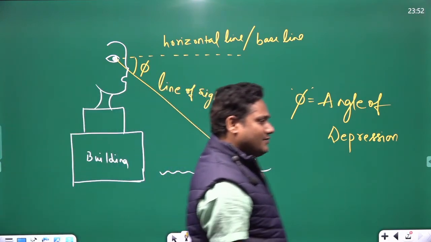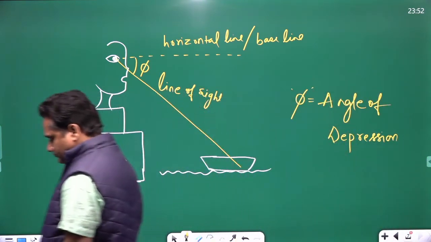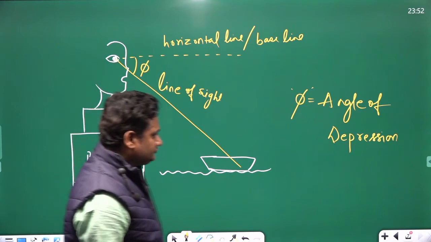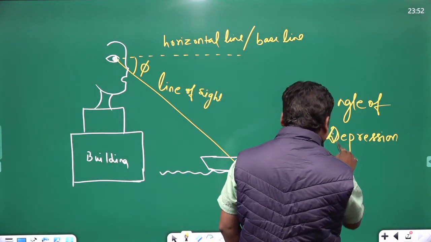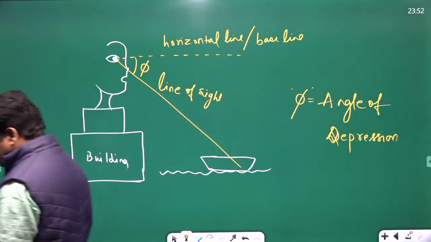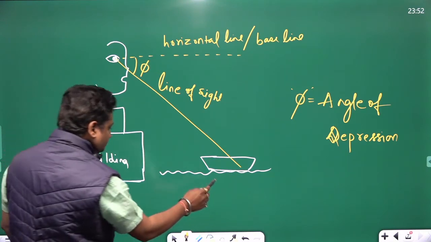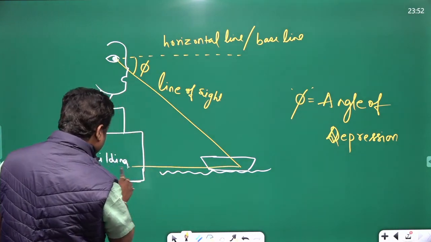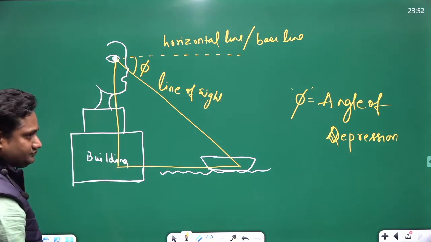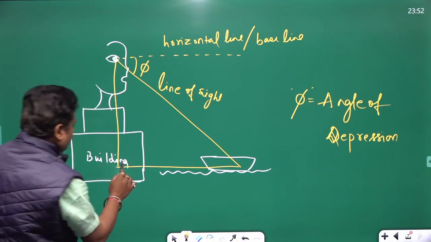So you get the idea about angle of elevation and angle of depression? When I complete this diagram, this is 90 degree.